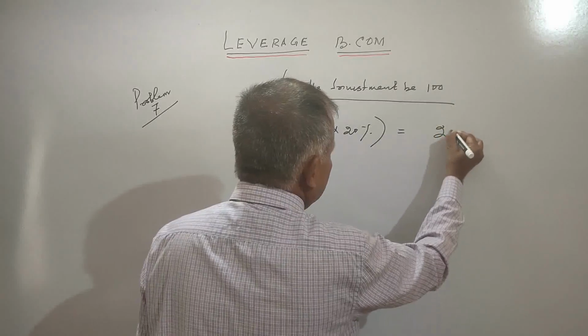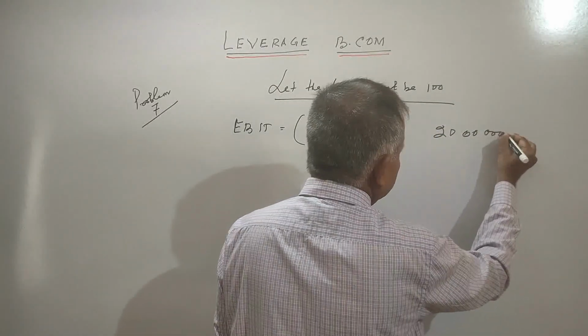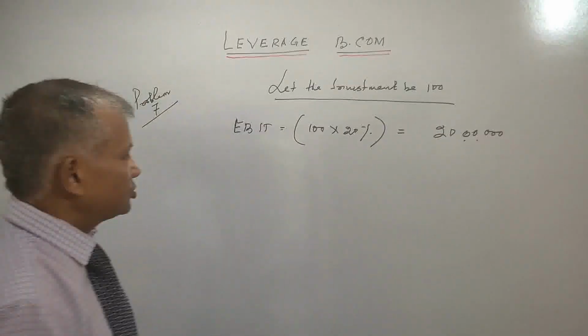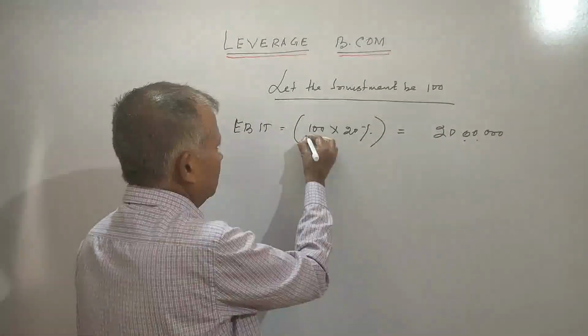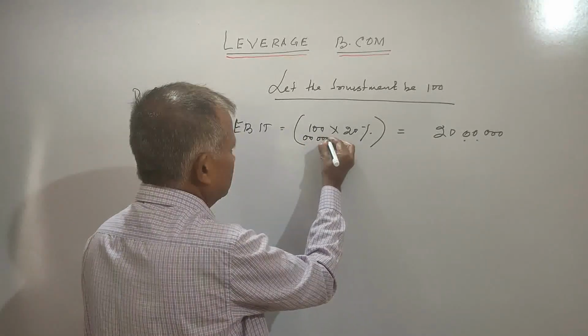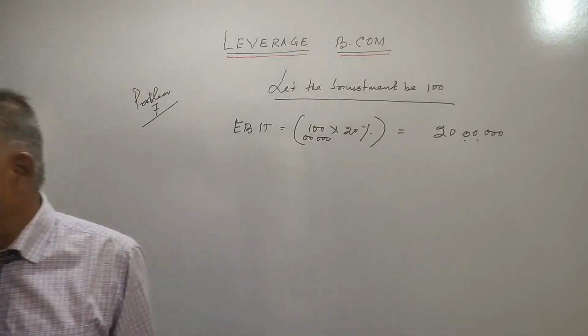It comes to 20 lakhs. Right? So 100 lakhs, this is in lakhs, into 20%, it comes to 20 lakhs.